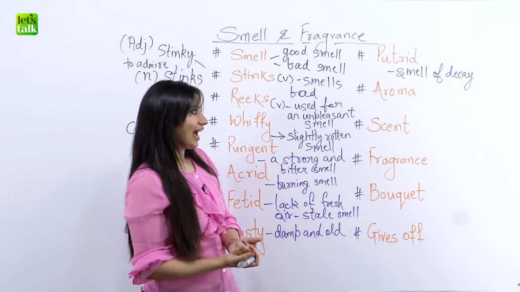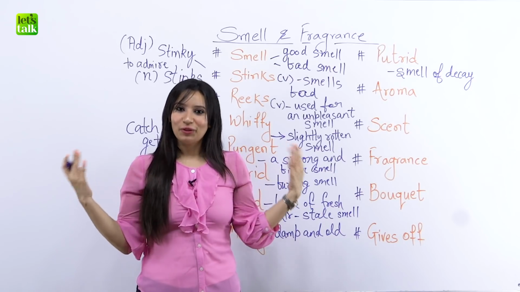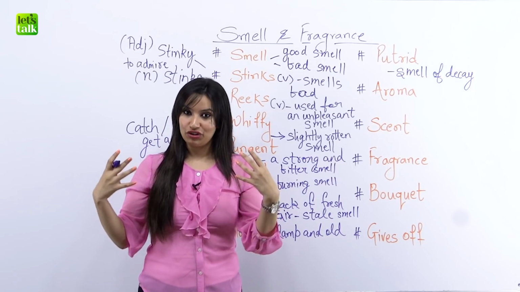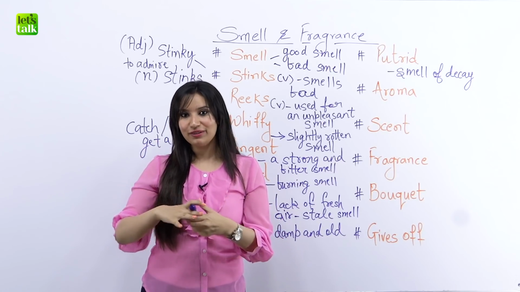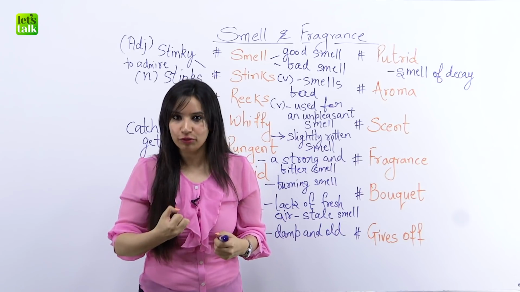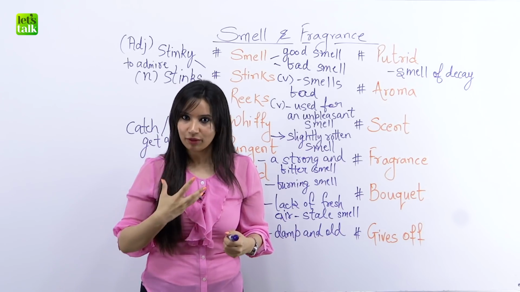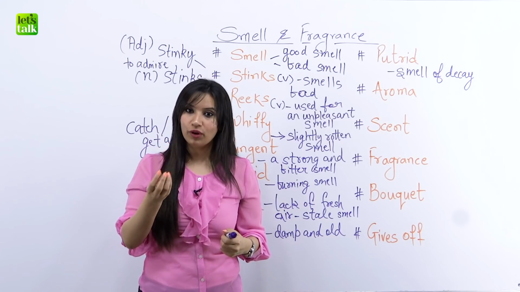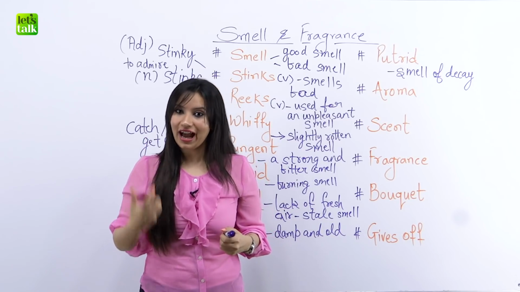The first one that we have with us is aroma. So aroma is the kind of smell that you get from food and drinks, and it's a fragrance that makes you want to eat the food. So possibly you're smelling rice somewhere, you can smell the aroma of rice, or you can smell the aroma of cheese and you want to have it.